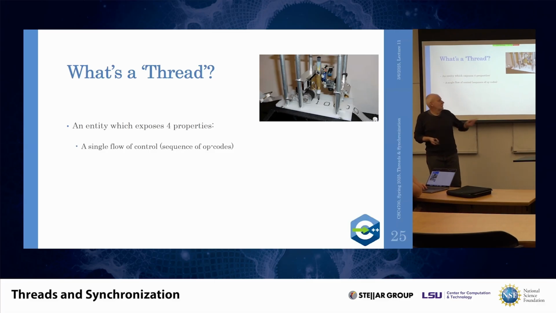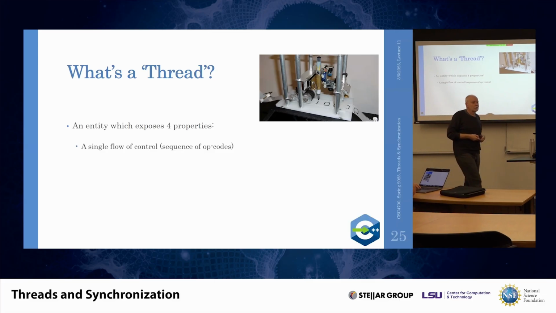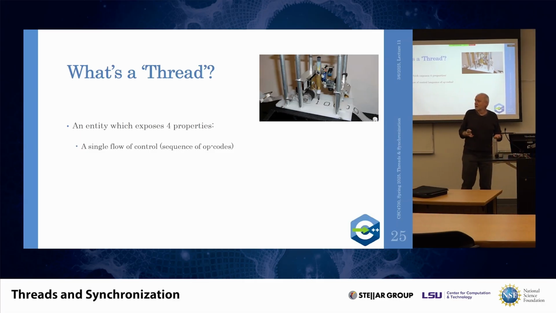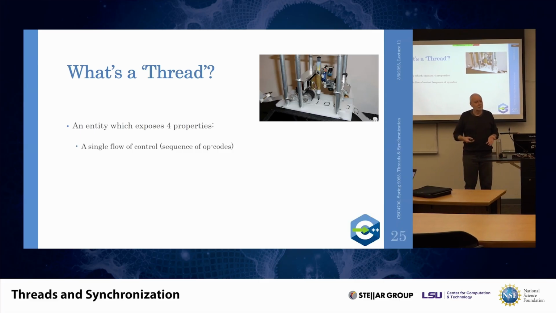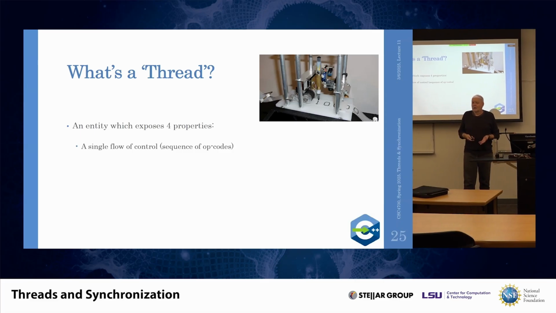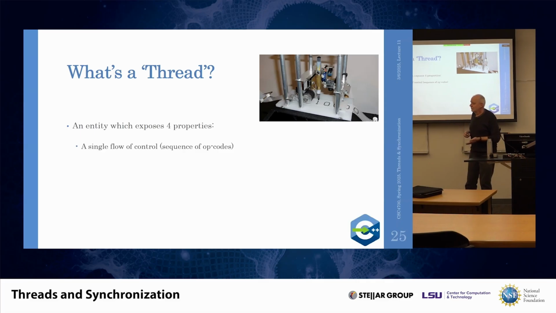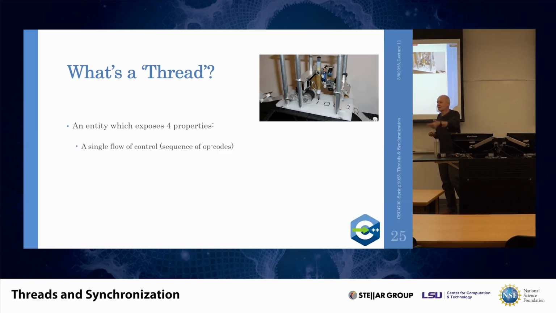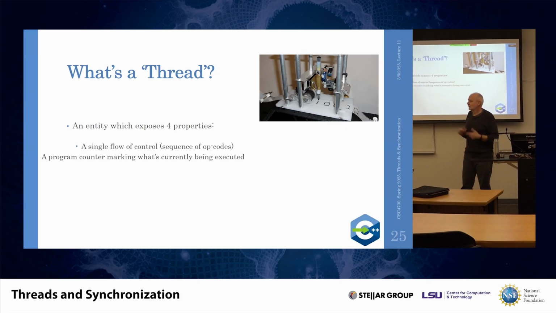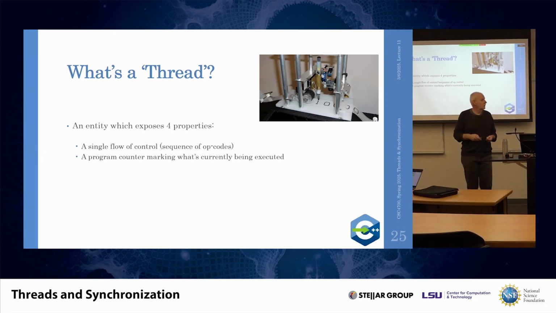What else? If you have a flow of control, what is important to know when we look at the flow of the execution sequence? Well, that's a bit beyond threads, but what's important is to understand what's the next operation we want to execute, right? This is kind of where the thread is currently running.